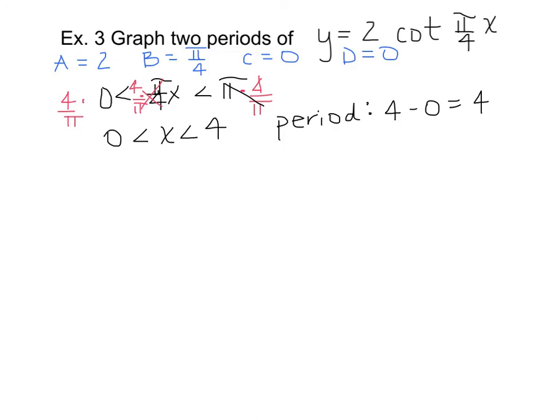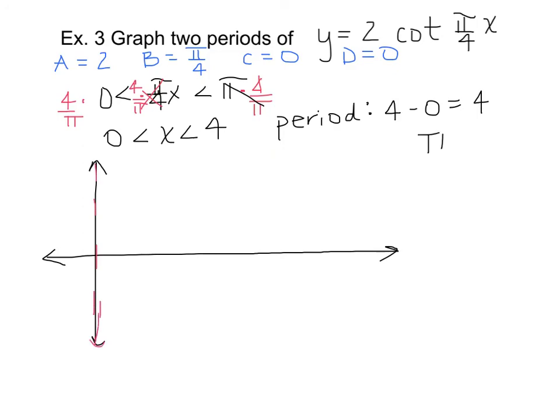And then to get your asymptotes, well, of course, my first one's at 0. To get your tick marks, TM, take your period divided by 4, which is 1.